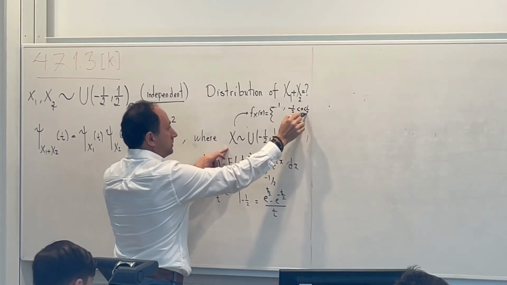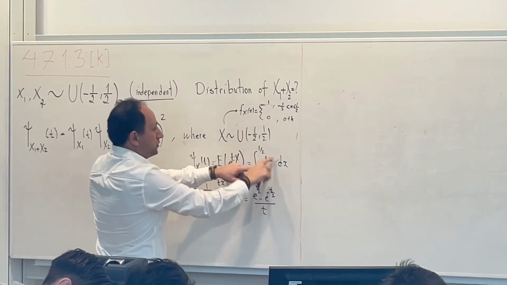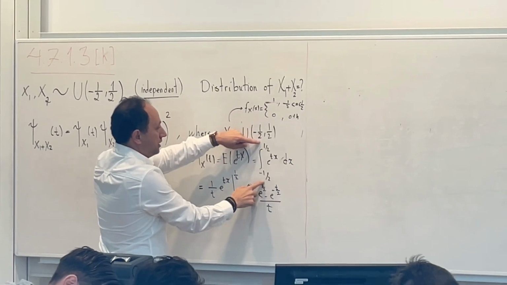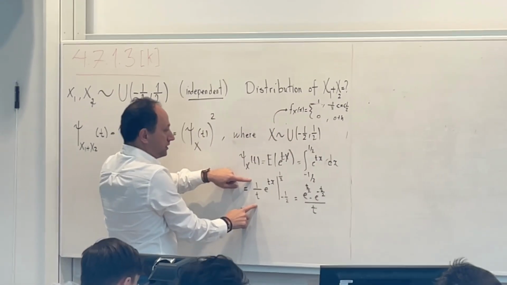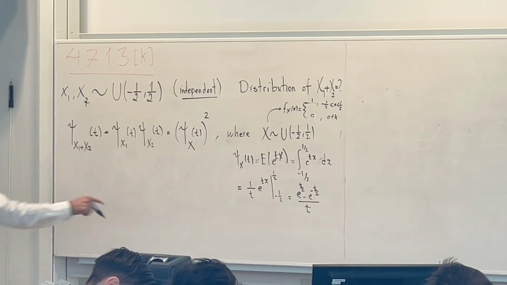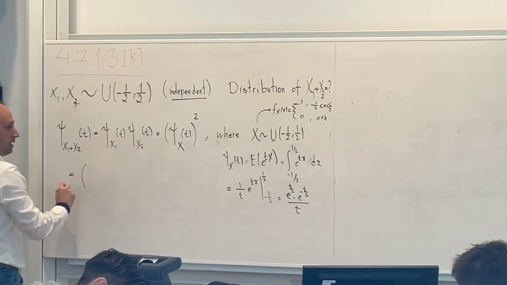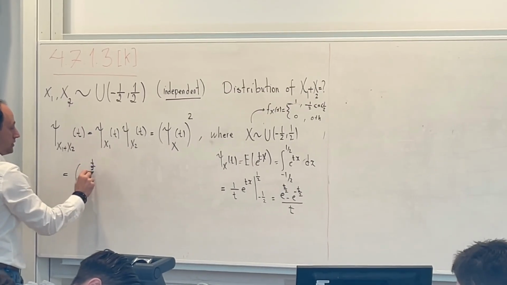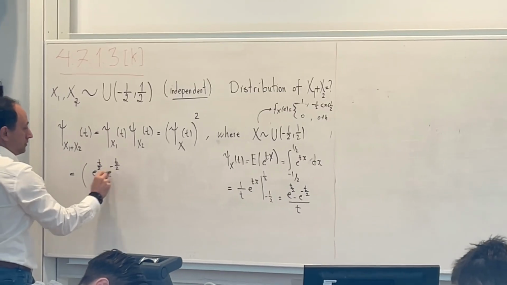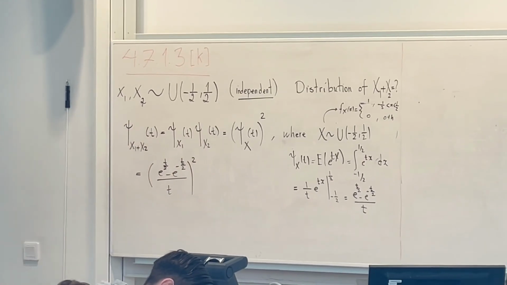It is 0 otherwise. I put this in the formula, so that's why you don't see anything there. It's 1, and I run it from here. Then I raise it to the power 2, because I want to put it here now. So it becomes e to the t/2 minus e to the minus t/2, divided by t, to the power of 2.